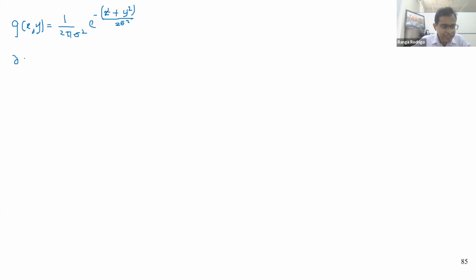So we call g here, del g by del x. Differentiate with respect to x. So 1 over 2 pi sigma squared is there. It's a constant. How to differentiate e to the power of something? d by dx of e to the power of x is e to the power of x.